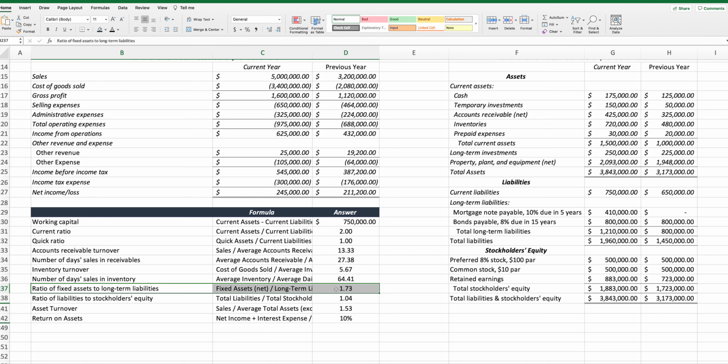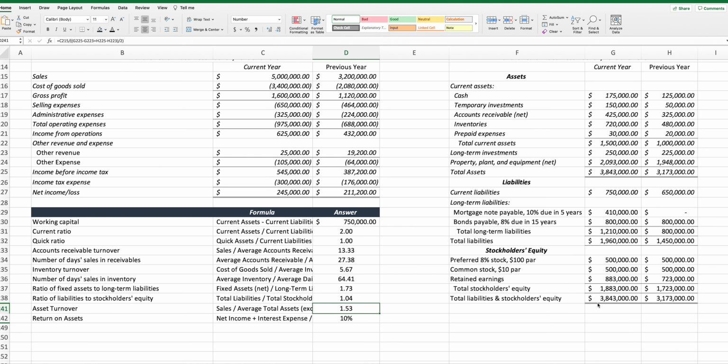And the question is, what is the purpose of looking at the ratio of liabilities to stockholders' equity? Really, this measures how much of the company is financed by debt and how much of it is financed by equity. There are pluses and minuses to debt and equity, and every company needs to find that sweet spot, right?